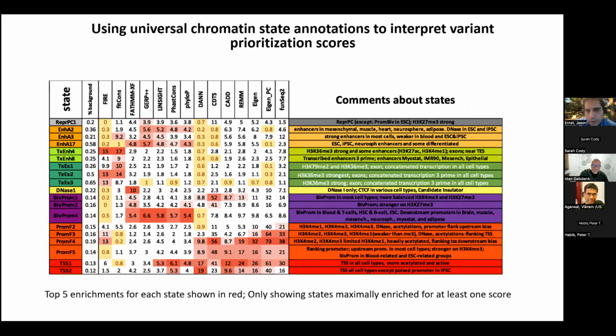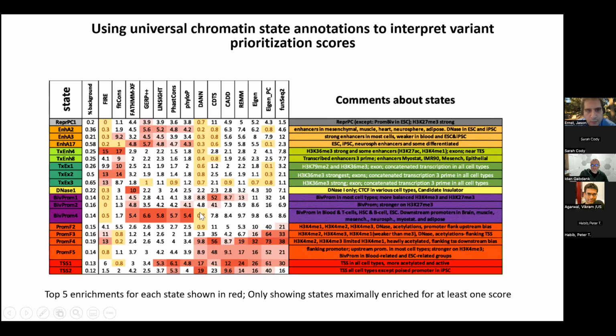But by having a single annotation for the genome that's not specific to the cell type, we could start computing enrichments for the bases prioritized by these different scores. What I'm showing here are the enrichments for the top 1% non-coding bases prioritized by each score, and then the fold enrichment.